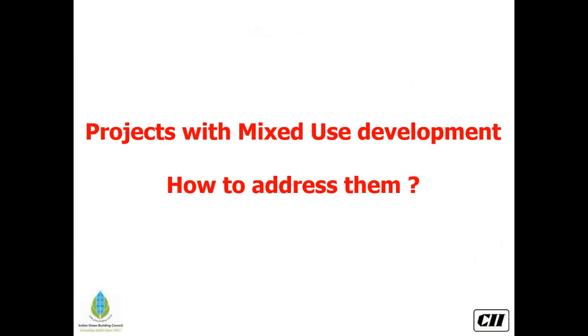First query that I'm going to raise is projects with mixed use development. How to address them? If you see this particular case, it is very important to define a virtual site boundary. I would like to explain case one. Projects having separate residential and commercial towers.